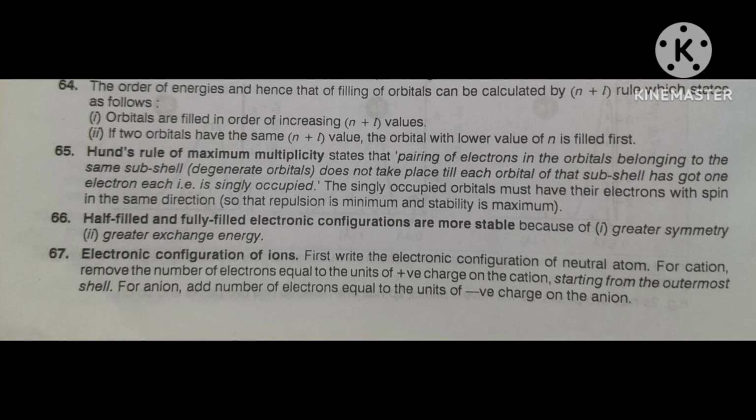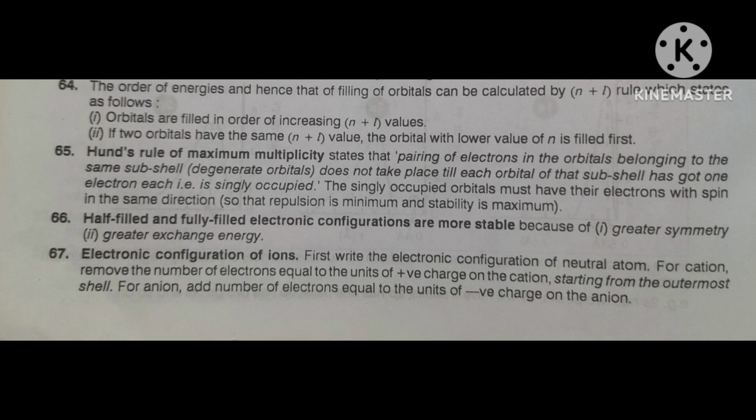Today's last point I am discussing is the electronic configuration of ions. Now we have discussed the atom. Now ion. An ion may be a cation or an anion. Cation means positive charge. Positive charge means it has lost an electron.